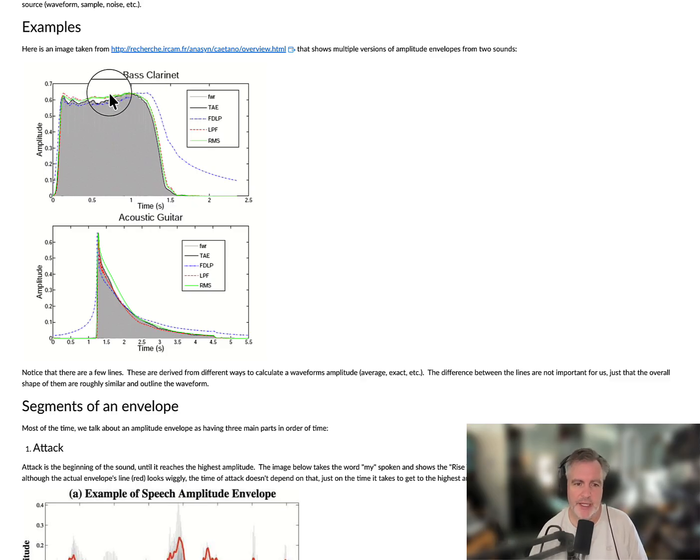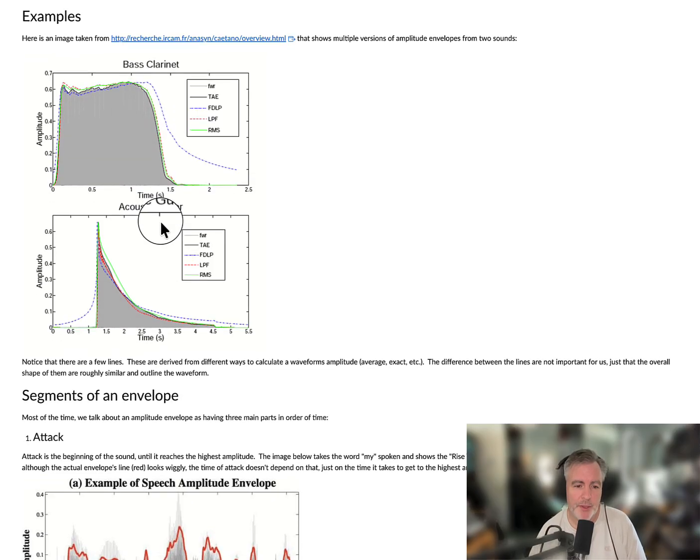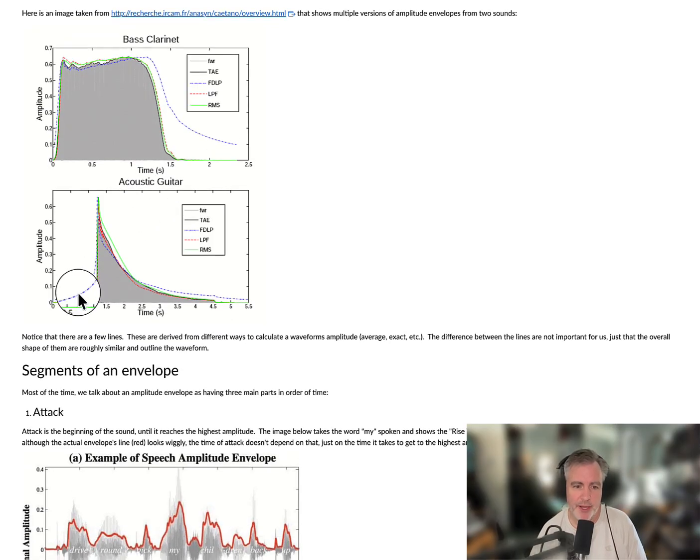So you can see a clarinet, where you're blowing into it, gets to that initial sound pretty quickly in volume, and then it sustains for a while because you keep blowing, until you run out of breath, or you stop the note because the note is supposed to stop, and it dies away fairly quickly. An acoustic guitar, on the other hand, has a very fast rise time because the string is plucked.